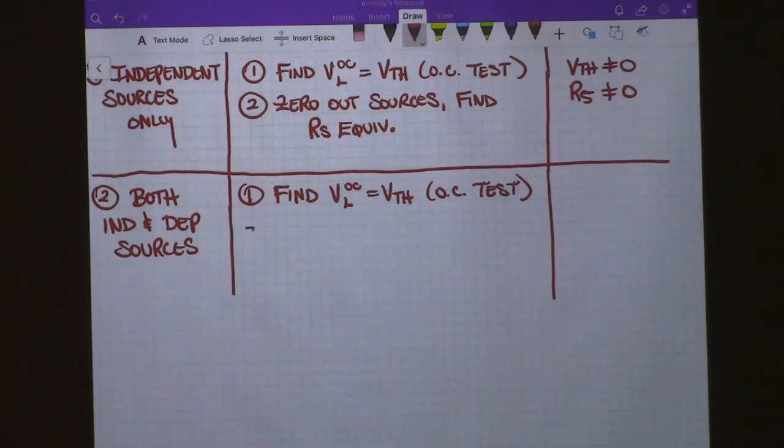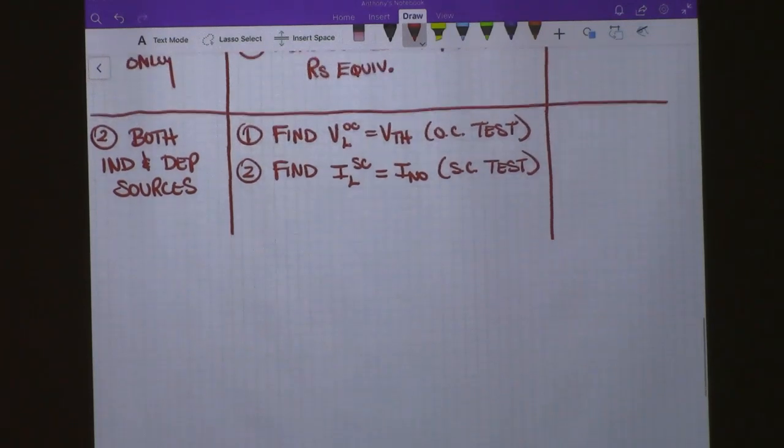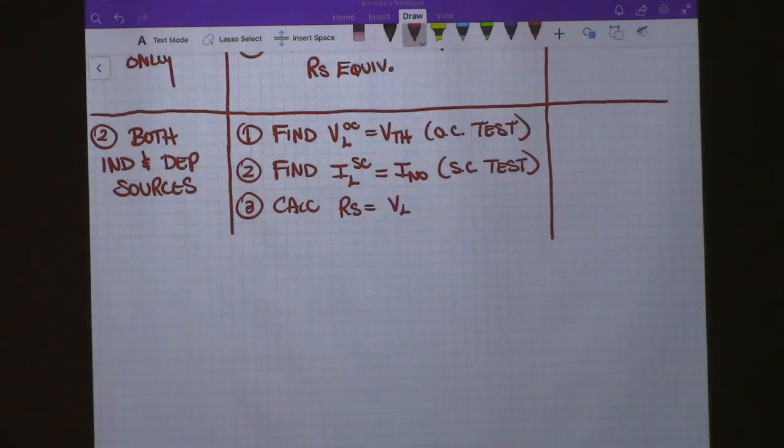The second step is we need to find ILSC, which is equal to the Norton equivalent current, which is the short circuit test. And then 3 is we calculate RS is equal to VL open circuit divided by IL short circuit.